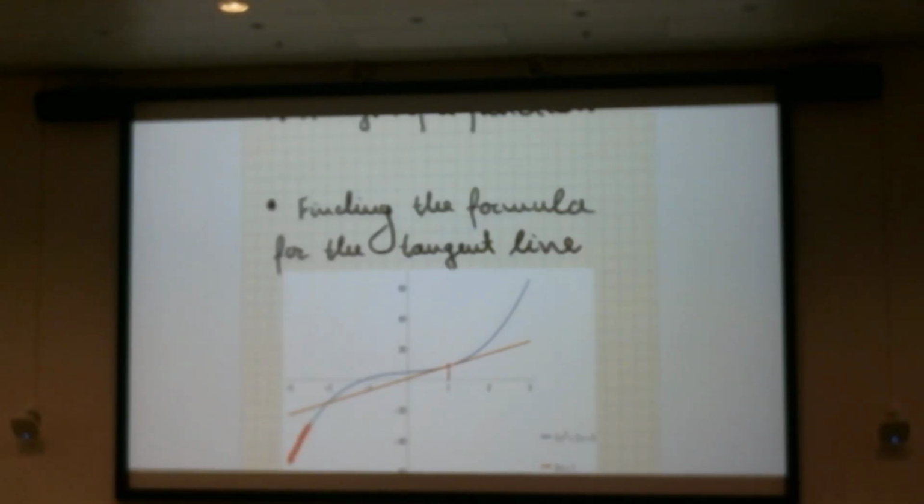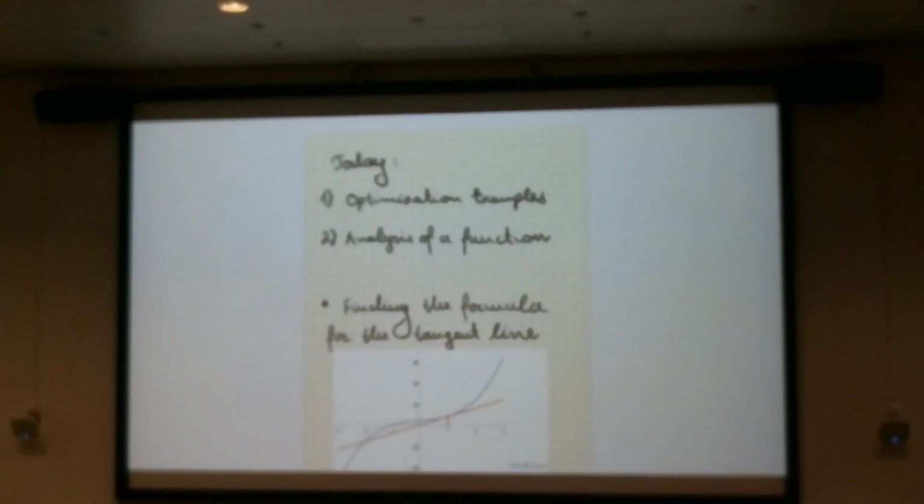I'm telling you, I have this blue function, and I want the tangent line to just touch the graph at x equals 1. How do I find that this orange line is given by 8x plus 1? So how do I find the equation for this? And for this, you only need one formula. So let's go through a particular example, and you will see that it's very straightforward as long as we apply one single formula.